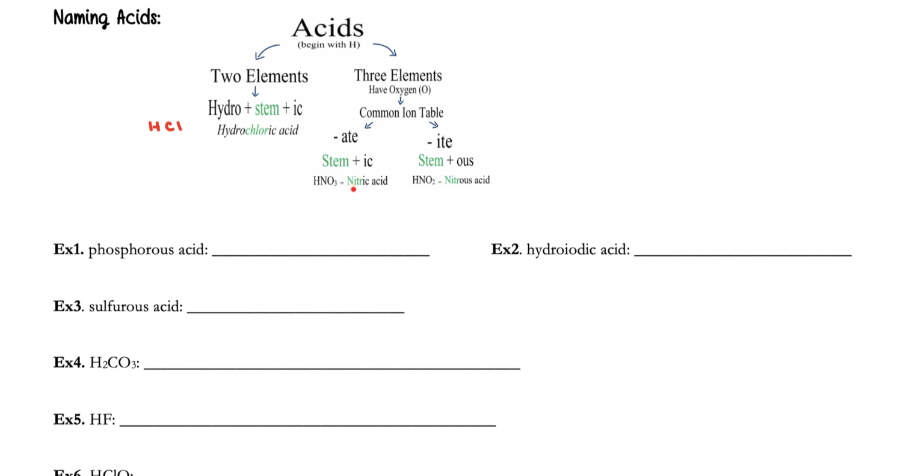So for this example, for nitrate, it would be nit, and then you add an ic ending. So nitric acid would be HNO3 because NO3 is nitrate. However, if you have a polyatomic ion that has an ite ending, like nitrite here, you take the stem of the name, the exact same as before, but instead of ic, you have ous. So this would be nitrous acid.